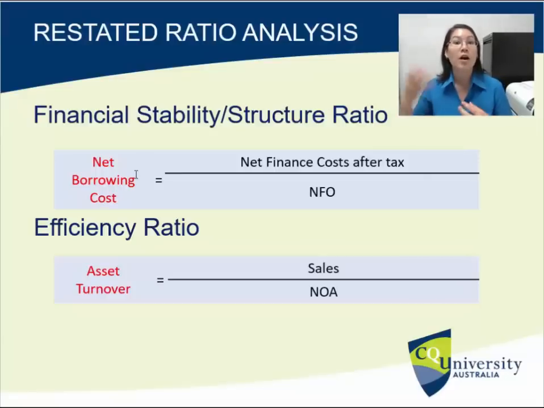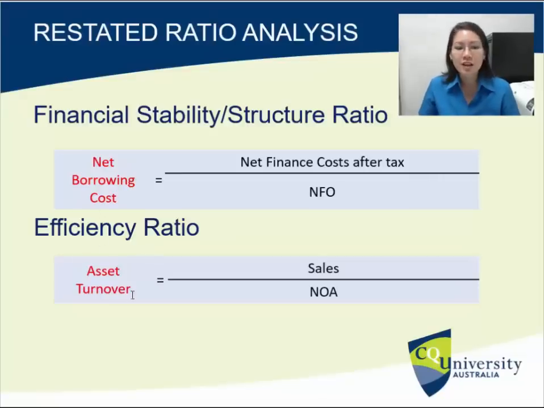They're not paying as high. Or you might find that their net borrowing cost is a lot higher than the interest on their loans. So the 7% interest is not a true indication of all of the costs of that debt. Again, this can be quite interesting, but that's what it calculates.